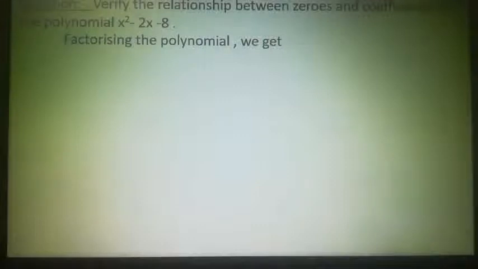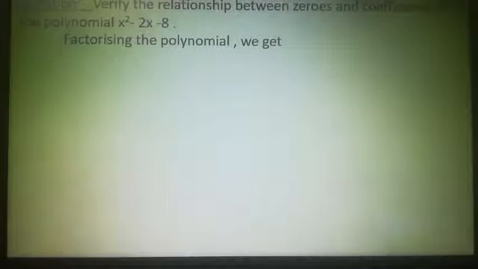And for finding the zeros of it, we are going to factorize this polynomial. You have seen this in the lower classes, and this year also you have done it. So factorize this polynomial x square minus 2x minus 8. Surely we can use the method of splitting the middle term.